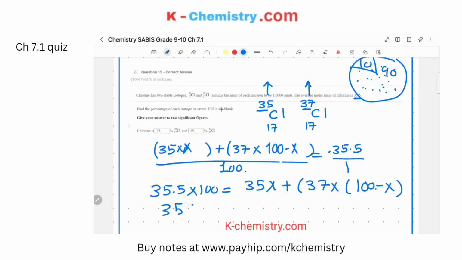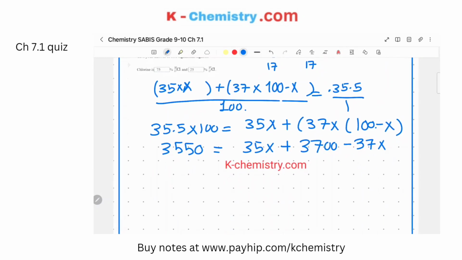It will be 3550 equals 35x plus 37 multiplied by 100 and multiplied by minus x. So 37 multiplied by 100 is 3700, and 37 multiplied by minus x is minus 37x.